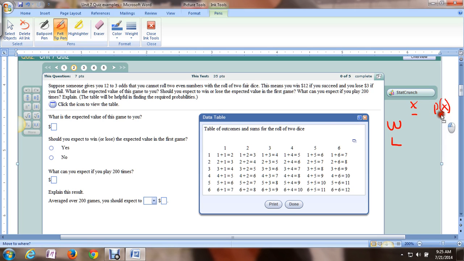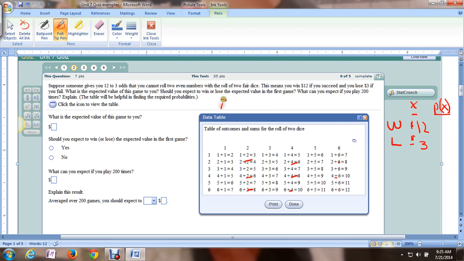So this is the kind of table you have to set up for any expected value problem. If you win, you're going to win $12. If you lose, -3. That's a -$3. Notice that's a negative sign. Now, what's the probability of you winning $12? Well, what that means is that you roll two even numbers, and you notice there are 9 ways of you doing that.